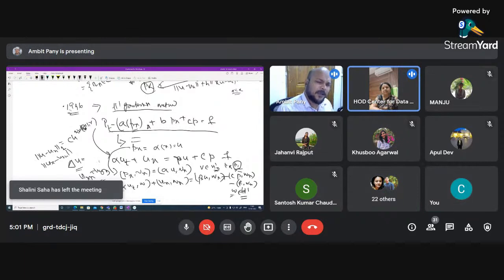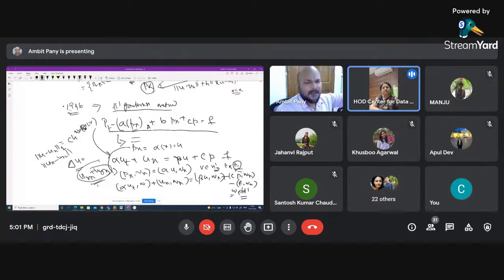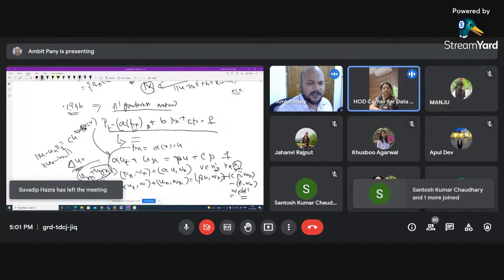Similarly you can follow, there is no problem. The thing is that this is represented in Cartesian form. If you go for cylindrical coordinates, this is written in r theta form, nothing else.